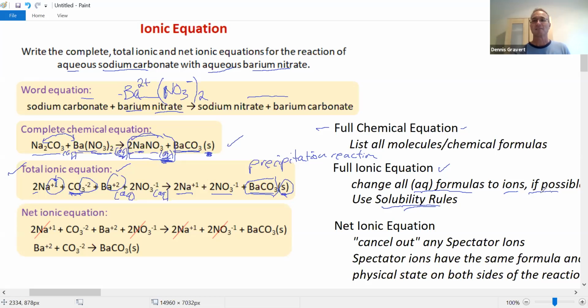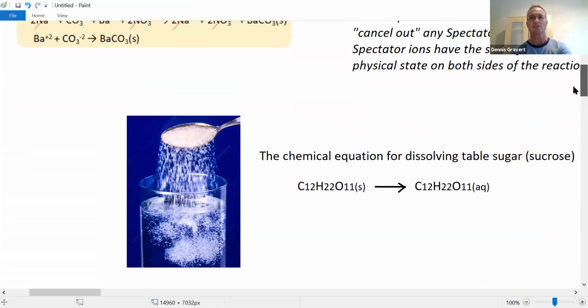What about this part about the if possible? Well, let's look at a different reaction. Let's look at water dissolving table sugar, otherwise known as sucrose. And here's the equation for it. These little particles in here, the little crystals, they're sugar crystals. If you look in there, you'll find individual molecules.